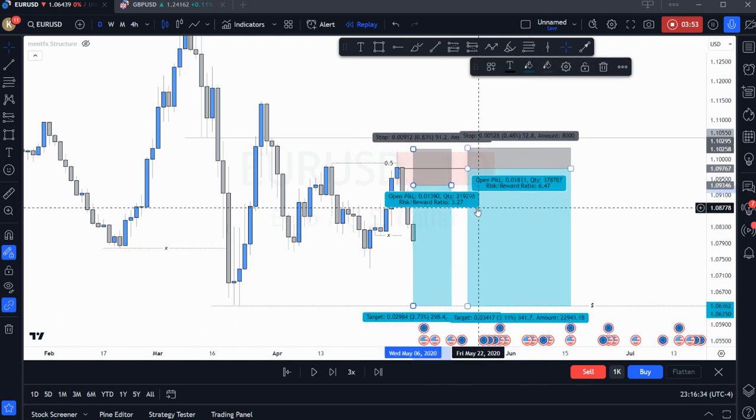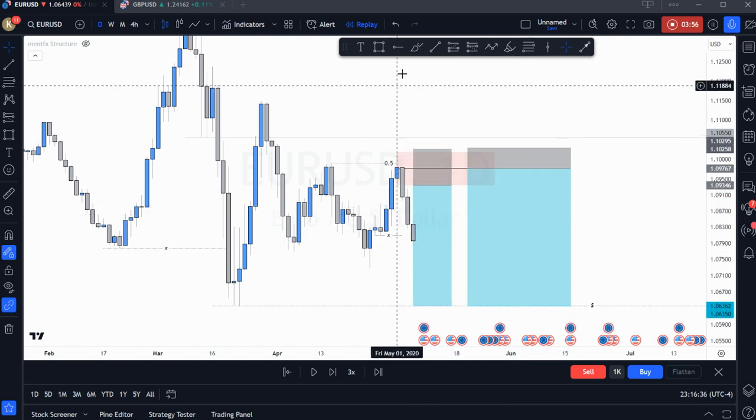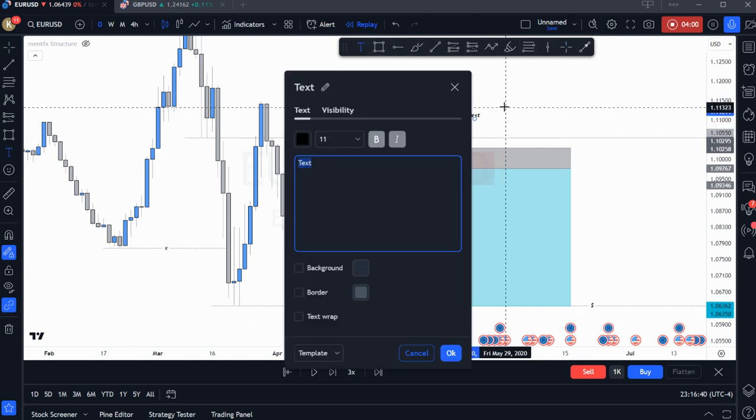So I'll move this over. I mean, the math here would be, let's see, 1% per trade. Take this off. 1% per trade. Let's split that. Split risk to 0.5% and 0.5% on both entries.